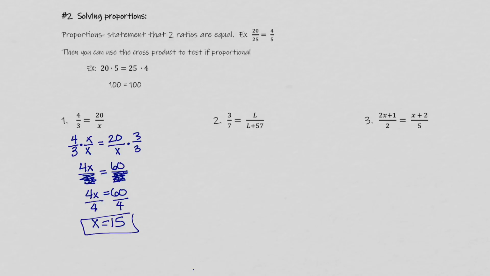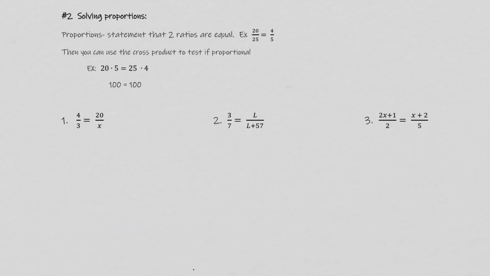Now, there is a shortcut. I wanted to show you those two methods so you can see why this other method works. We just, in the math community, do not like to use it as a method because it's more a trick.